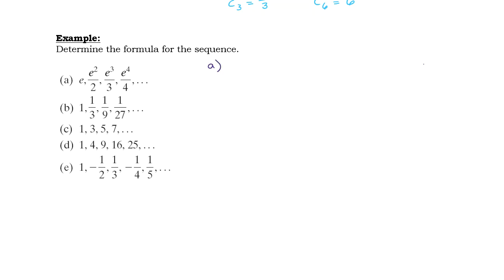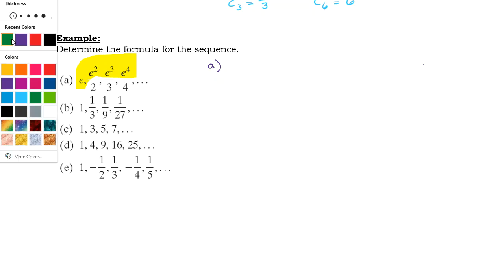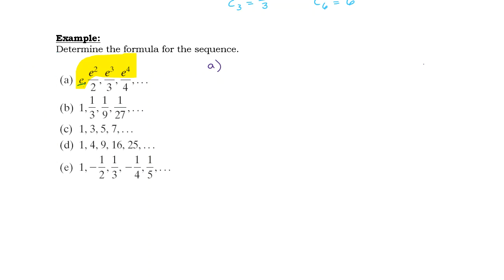All right, well, what do I see? I see that I've got e to the first, e to the second, e to the third, e to the fourth. I basically have a fraction. Now, the first term isn't written as a fraction, but I can write it as a fraction by putting it over 1. And when I do that, I can see the pattern of the denominator is 1, 2, 3, 4.